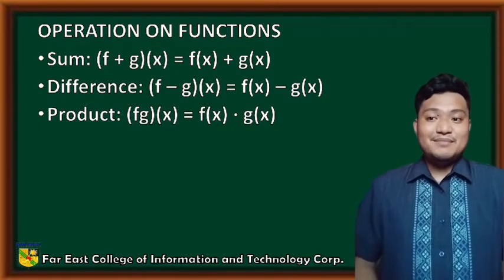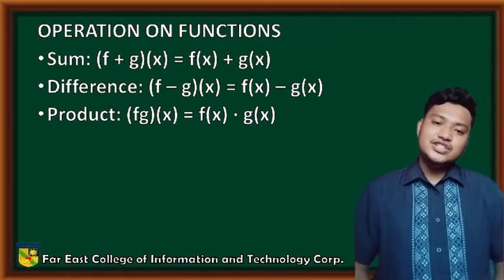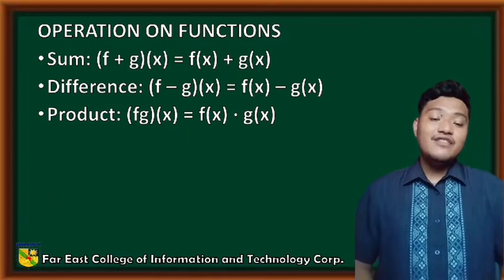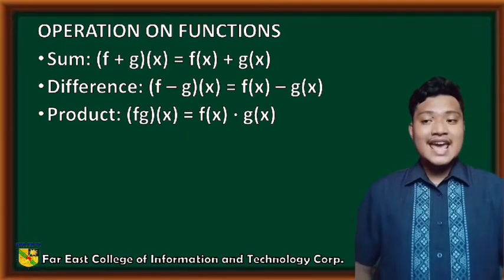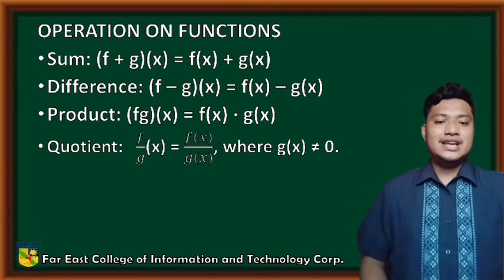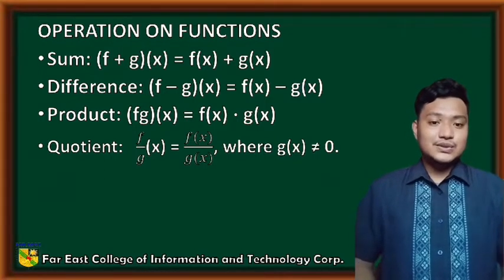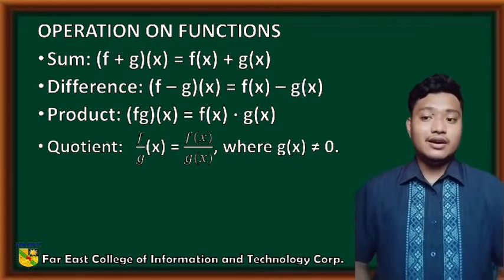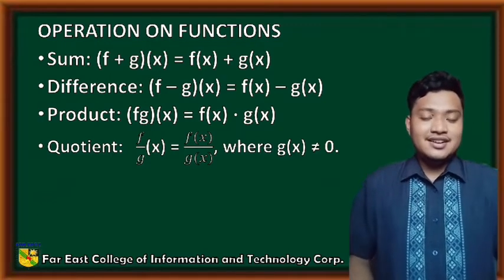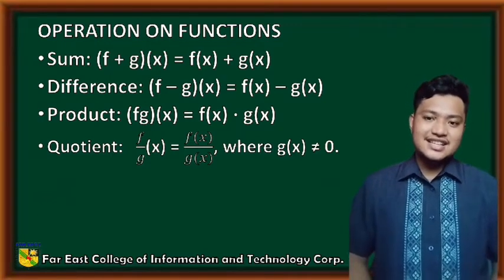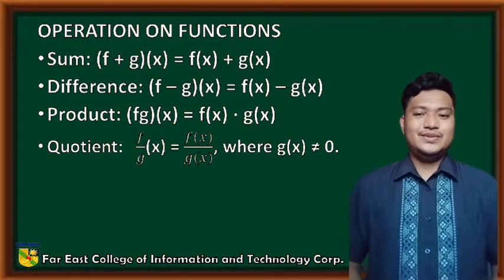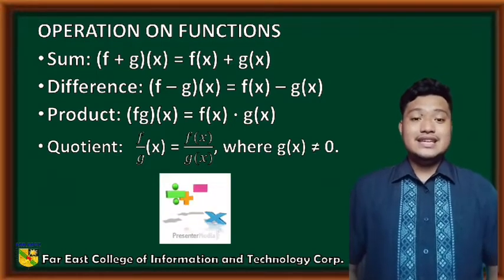Product or the multiplication, f times g of x or f of x times g of x. And lastly, the quotient, f over g of x is equal to f of x over g of x, where g of x is not equal to 0. So I have this example.